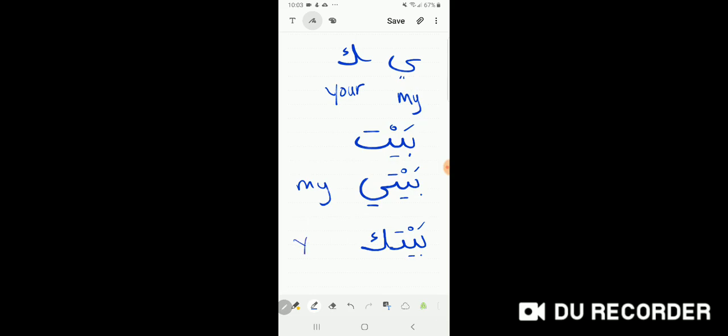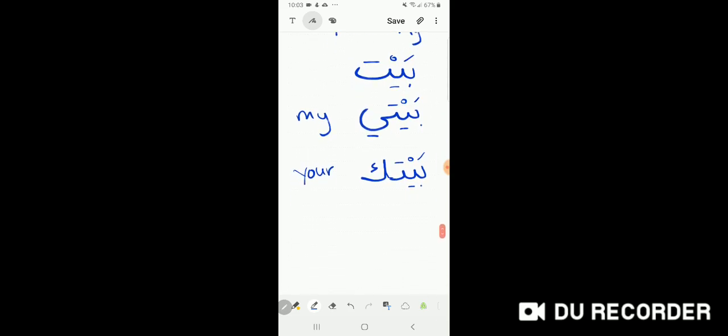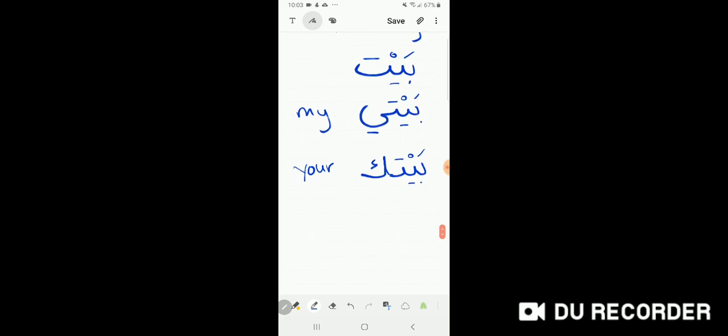Now it's your house. Now what's special here that we have to know is there's a couple different ways of pronouncing this. In formal, in standard, we pronounce the ta with a dhamma and we put a fatha on top of the kaf here. Baytuka. And this is masculine.